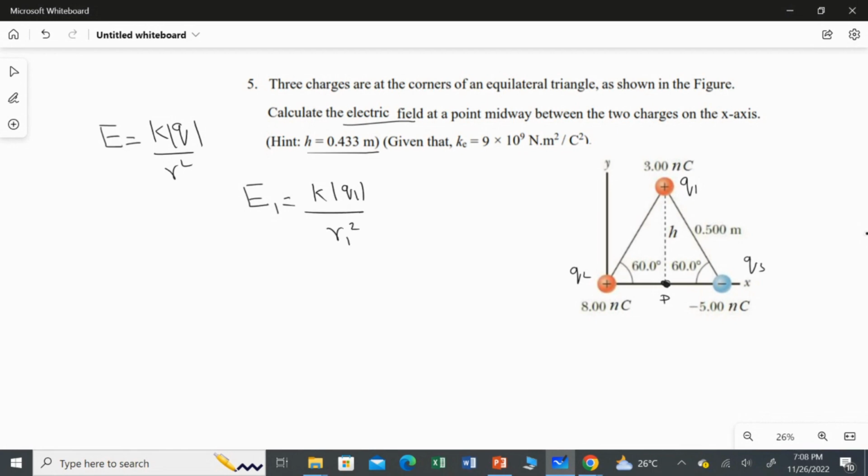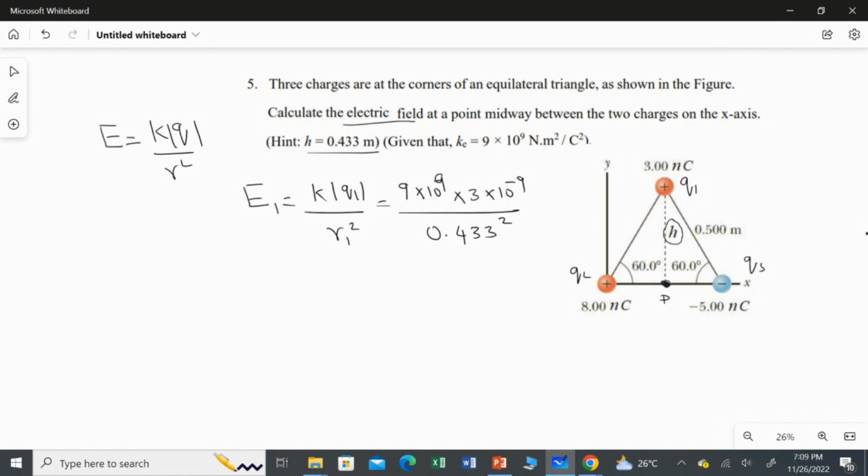R1 square, and this R1 is the distance from Q1 to this point, which is nothing but the H they mentioned. Clear? So let's substitute the values. 9 multiplied by 10 power plus 9, multiplied by the magnitude of this charge, 3 multiplied by 10 power minus 9, because it is nano, over 0.433 square.